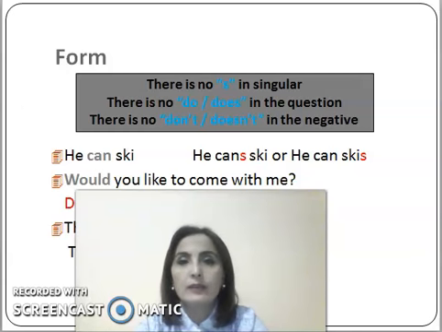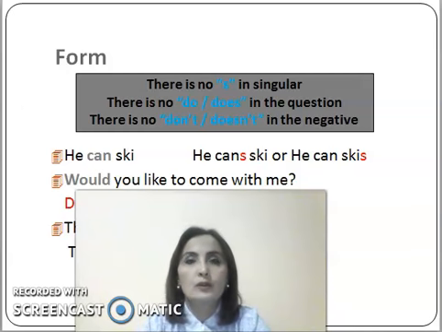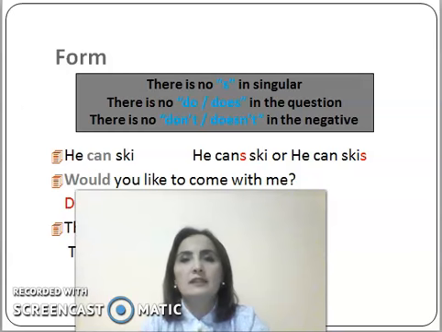That is why we don't need any do, does, don't, or doesn't in a sentence where we use the modal verb. To form a question, putting the modal verb in front of the subject is enough for us. And to make negative sentences, putting the negative particle not after the modal verb is enough.